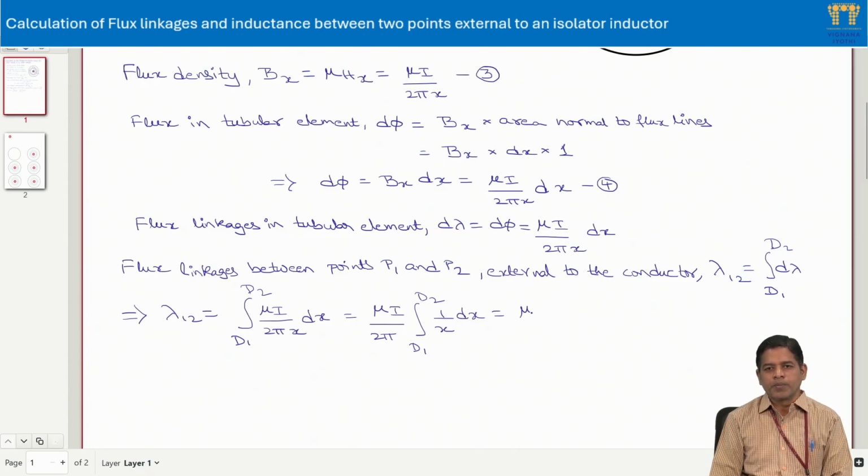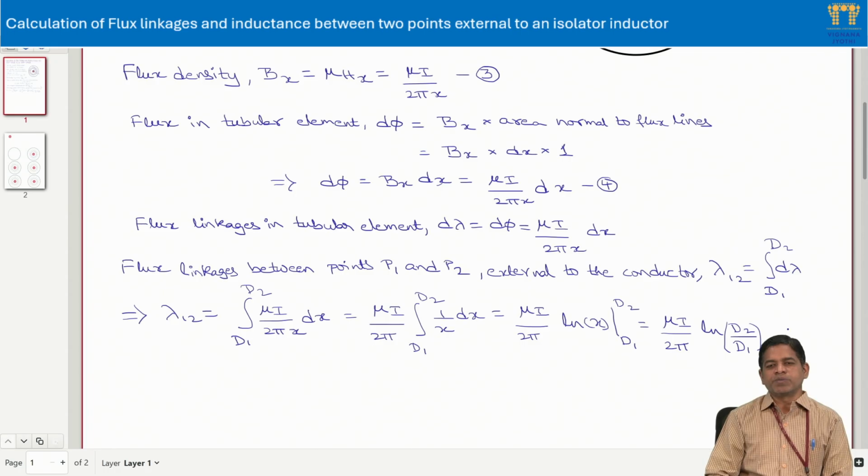Then this would be mu I by 2 pi into log x between the limits d1 and d2. So this again becomes mu I by 2 pi into log d2 by d1. So since I am considering a unit length of conductor, here the flux linkages would be Weber turns per meter.